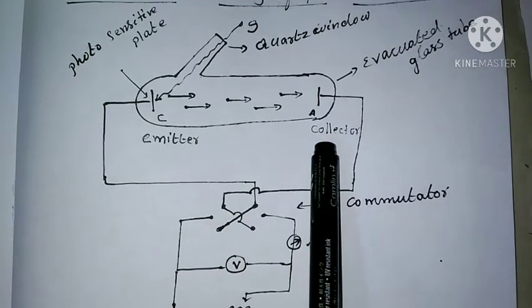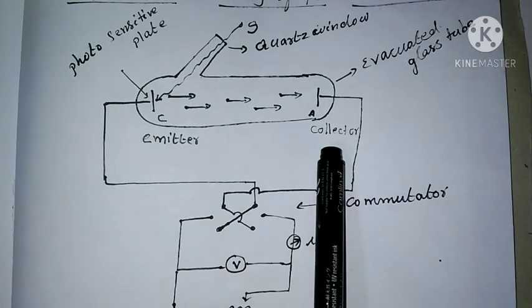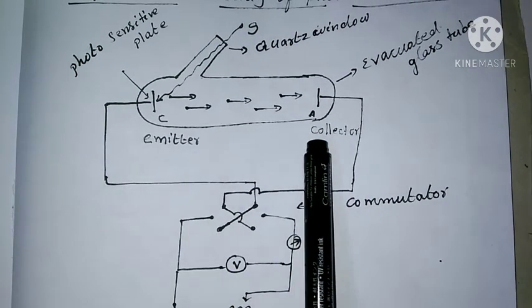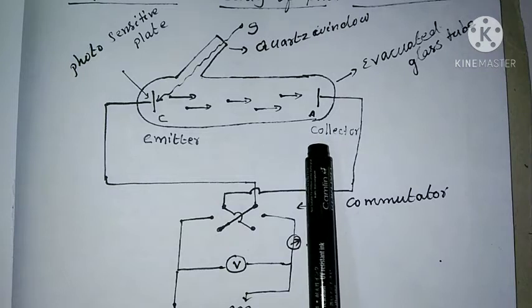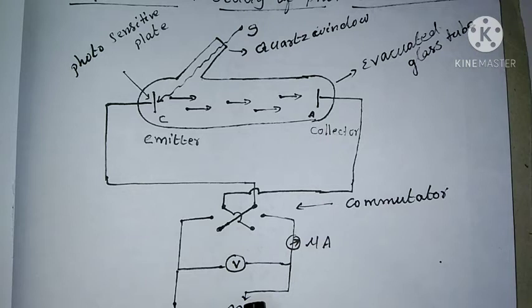You again increase the collector potential to be more positive. By increasing this positive collector potential, the number of electrons attracted by the collector increases and the photocurrent in the circuit increases.